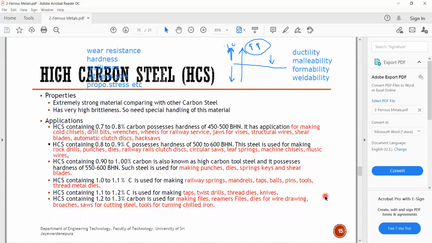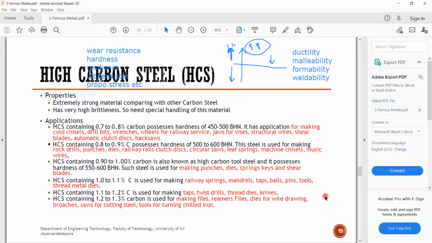Then high carbon steel means the percentage of carbon available is higher when you compare to the low carbon and medium carbon steel. So these are the strongest and hardest of all carbon steels, right? When you compare with the other two, it's the strongest and hardest one.